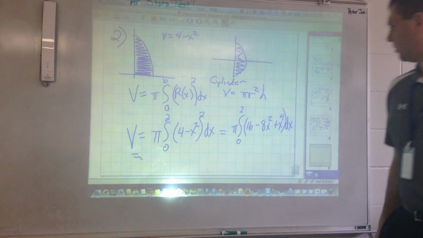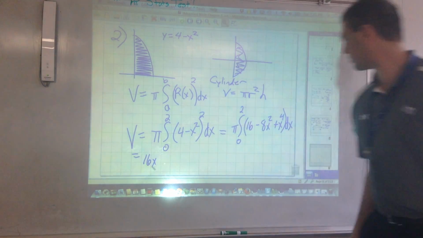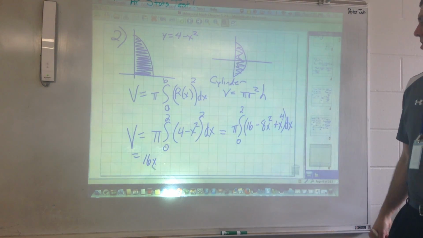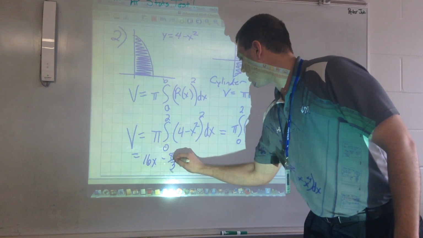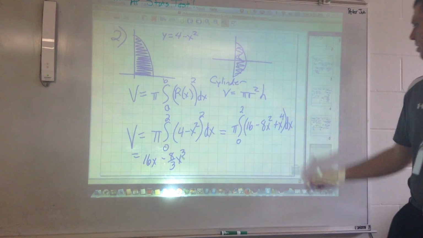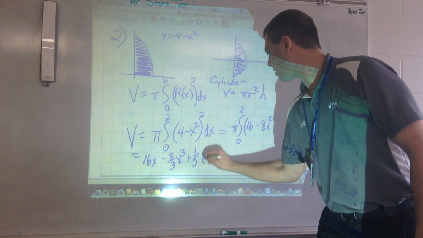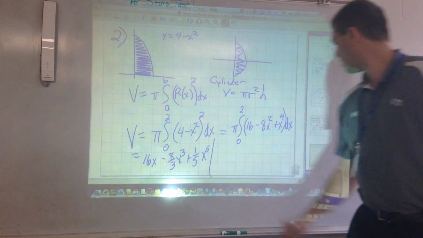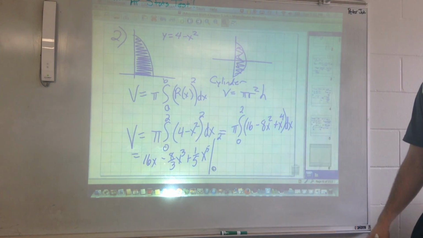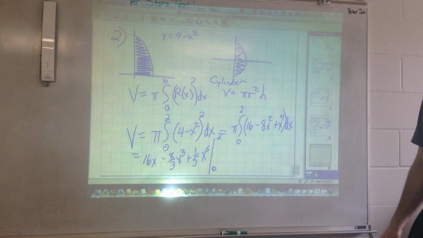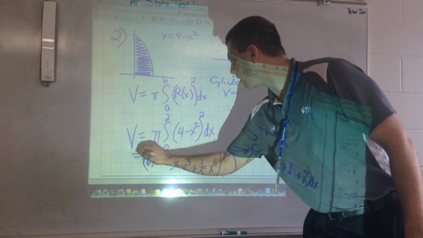So that would equal 16x minus 8/3 x to the 3rd plus 1/5 x to the 5th, as x goes from 0 to 2. And then all of this is multiplied by pi.